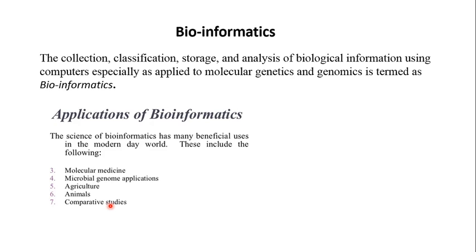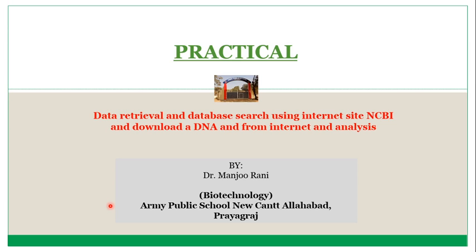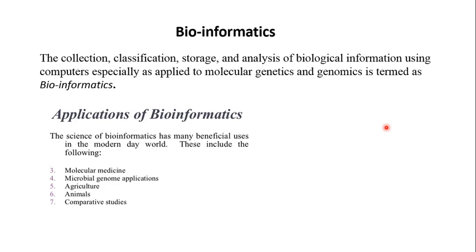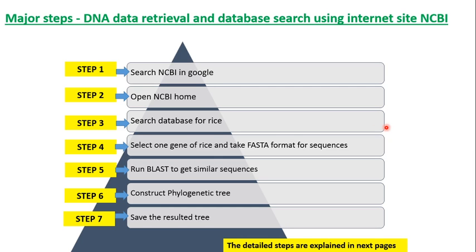So here we are performing a practical, that is data retrieval and database search using the internet site NCBI. I don't have much net speed, that's why I'm summarizing the steps through the presentation. Please pay attention.